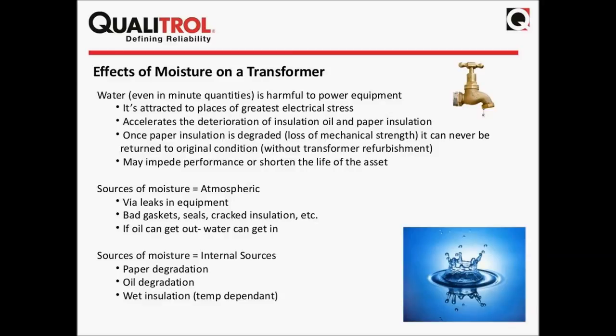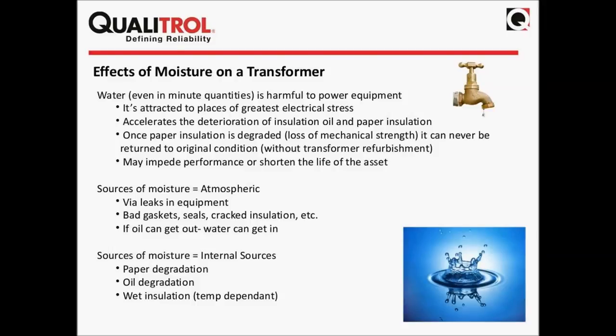So anytime you have bad gaskets, seals, cracked insulation, anywhere where oil can leak out, you need to assume that water can get in. So that is definitely a way that water can be introduced into your asset, through the atmosphere.